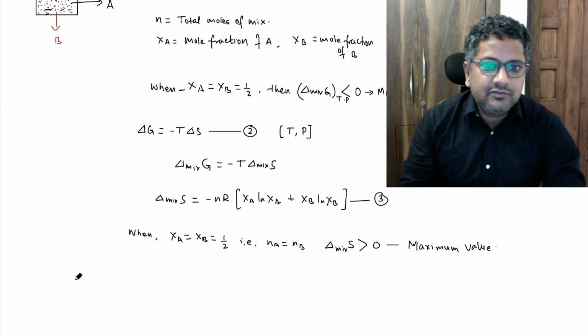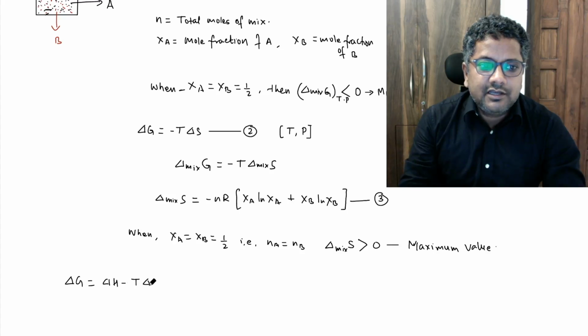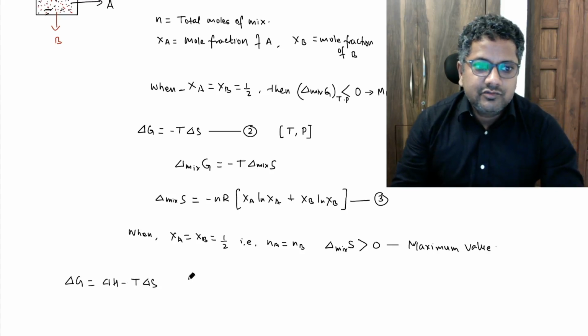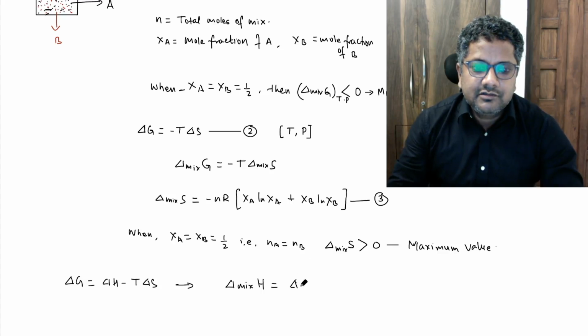All of you know that delta G is equal to delta H minus T delta S. So from this equation you can write delta H mixing is equal to delta G mixing plus T delta S mixing.